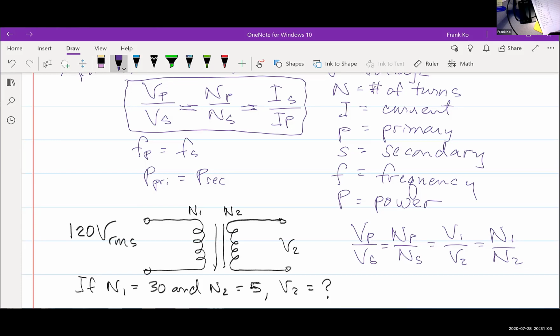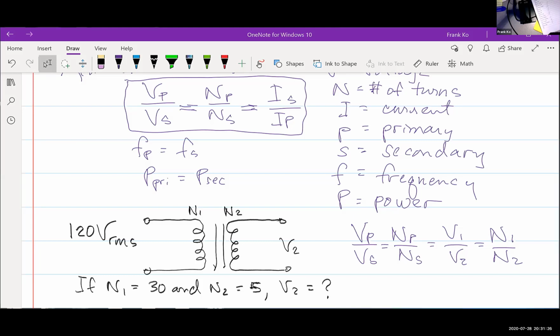So when I'm referring to V primary, I am referring to V1. When I'm referring to V secondary, I'm referring to V2. When I'm referring to N primary, I am referring to N1. When I'm referring to N secondary, I'm referring to N2. Same difference. So I'm going to use these ratios. Do I have information I can plug in? Yes, I do.